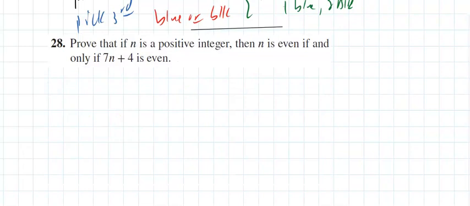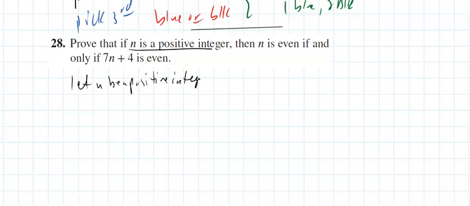28. Prove that if n is a positive integer, let n be a positive integer. Then it says n is even if, let n be even, oh, I'm sorry, if and only if.